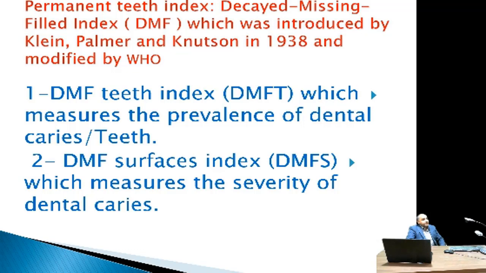DMF teeth index DMFT مختصر مال decay missing fill teeth هو DMFT, which measures the prevalence of dental caries teeth. أما DMFS اللي هو decay missing filling surface index, which measures the severity of dental caries. إذا لكي نعرف شدة الدنتال كاريز على الأسنان هو يجب استخدام DMFS index.